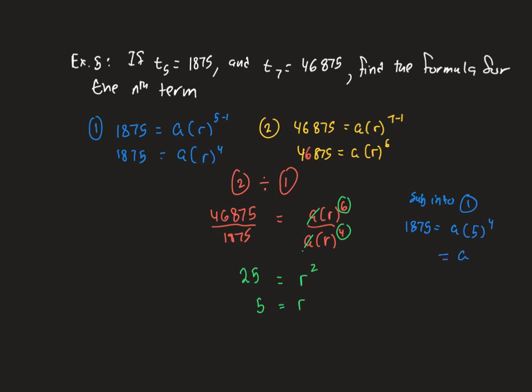So a should be equal to 1875 divided by 5 to the power of 4. So a is equal to 3. So therefore my equation would be T of n is equal to 3 times 5 to the power of n minus 1. And that is arithmetic and geometric sequences. Hope you have understood and enjoyed this video, and have yourself a wonderful day.